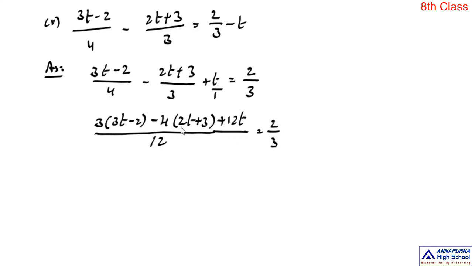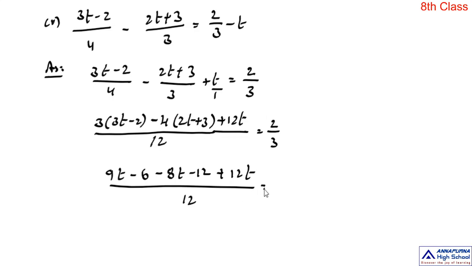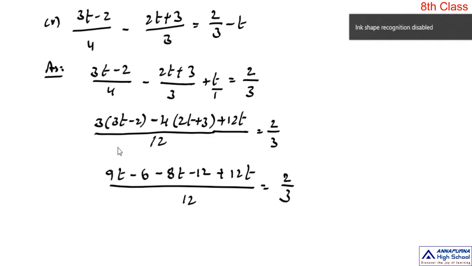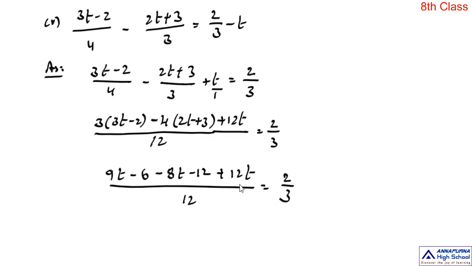Now simplify the numerator. 3 into 3t, 9t minus 6 minus 8t minus 12 plus 12t by 12 is equal to 2 by 3. So 9t minus 8t plus 12t, 9t minus 8t is t, plus 12t is 13t, and minus 6 minus 12 is minus 18, by 12 is equal to 2 by 3.